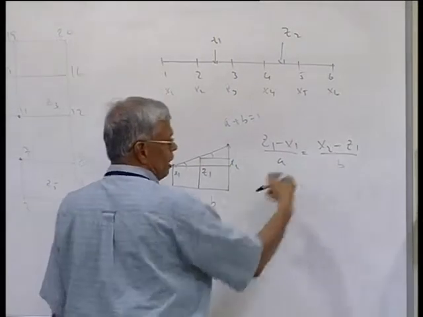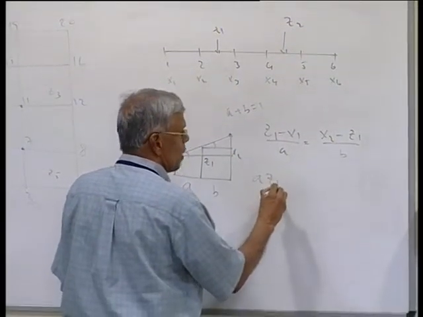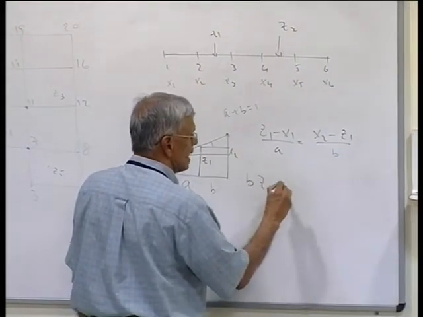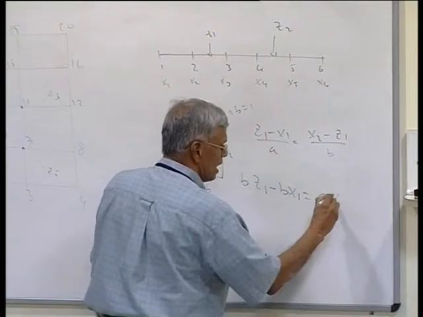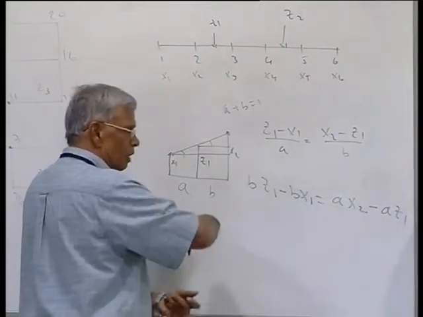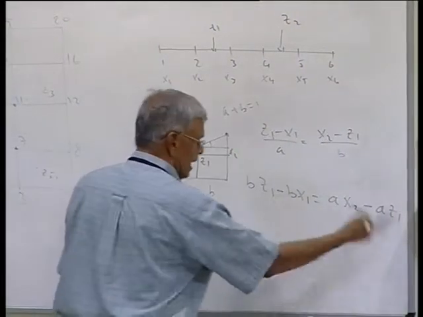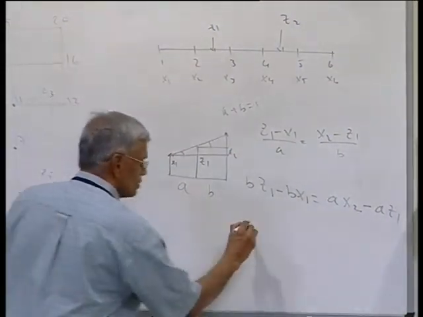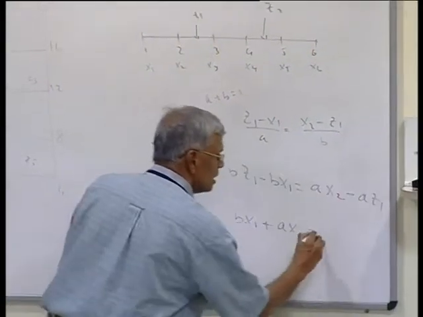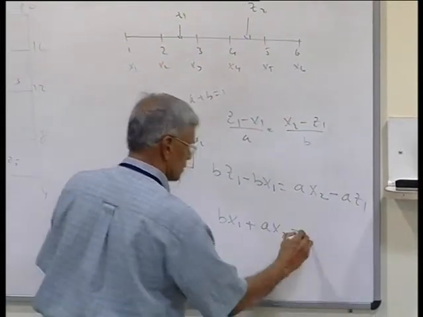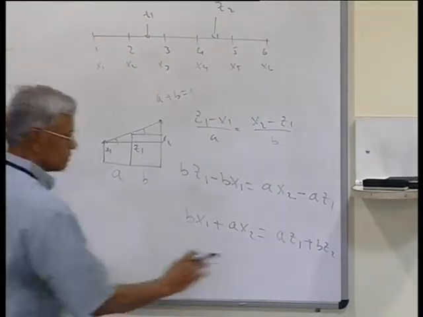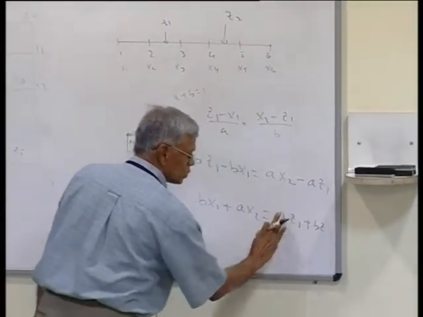So a z1 minus a x1... b z1 minus b x1 is equal to a x2 minus a z1. Bring all the x1, x2 to one side, the other side. That gives rise to b x1 plus a x2 is equal to a z1 plus b z1. A plus b is 1. That is equal to z1.